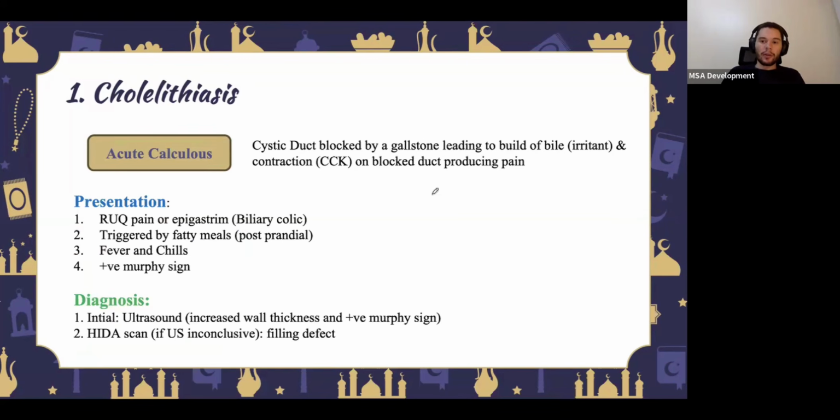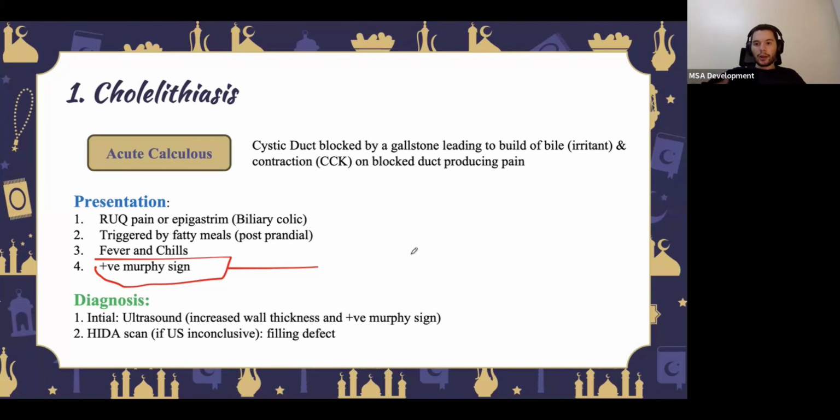As you mentioned, acute calculous cholecystitis presents with right upper quadrant pain. It typically happens after fatty meals, and there is fever. Right? Positive Murphy sign. So Murphy sign is important to know. How it gets triggered: I typically ask the patient to expire all their air.